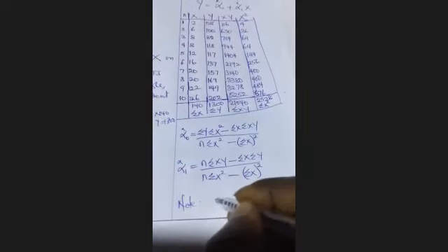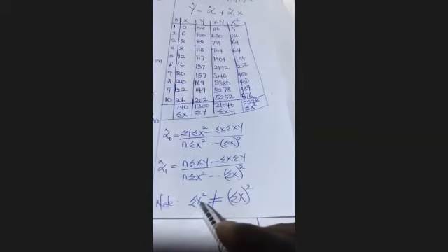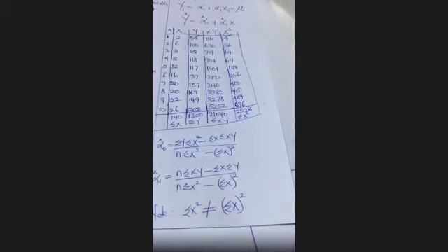Note, summation X squared is not the same as summation X all squared. Summation X squared means you square each value of X and then sum the squares. Summation X all squared means you first find the sum of X, then square that result. So this and this are not the same.